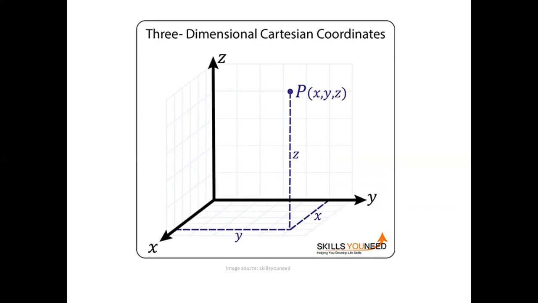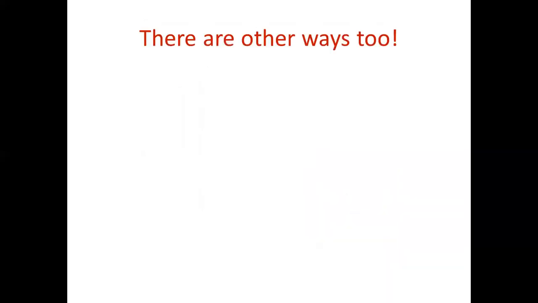And we'll have a 3-dimensional coordinate system. And just as the point P is shown here, we can give its position by mentioning how many units we moved along the x-axis, and similarly for y and z-axis. This is the extension of the description I gave you for 2 dimensions in 3 dimensions.